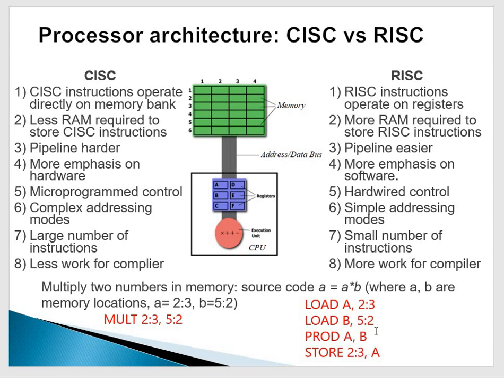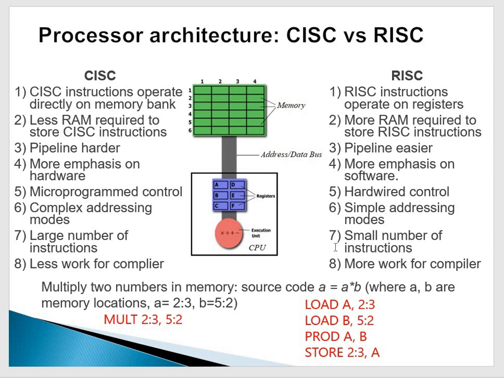So if we look at the difference between this particular program and this particular program, in this case only one instruction was required, which fetches the data from the memory before the multiplication operation. Then it performs the multiplication within the CPU. After the multiplication, it stores the data to the memory as well.